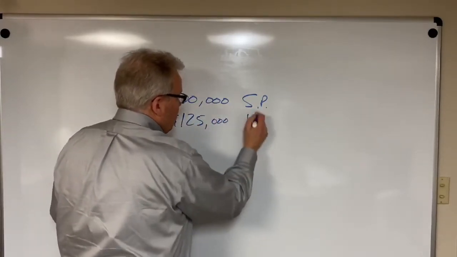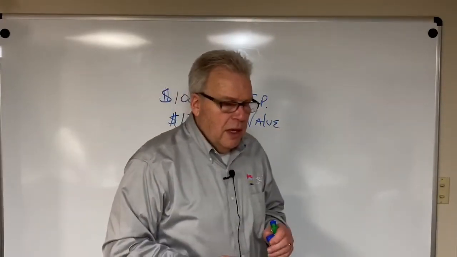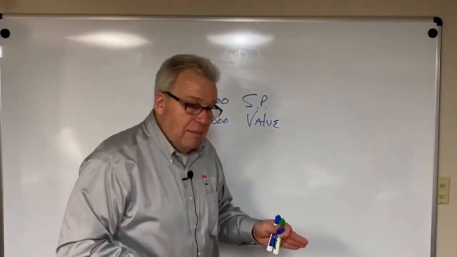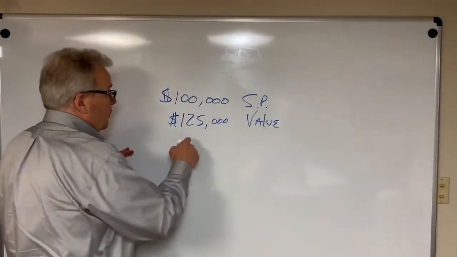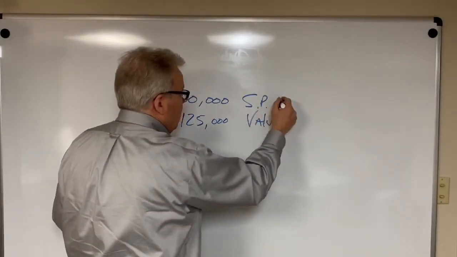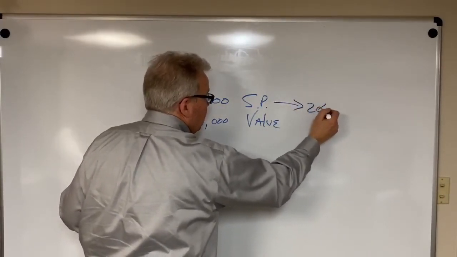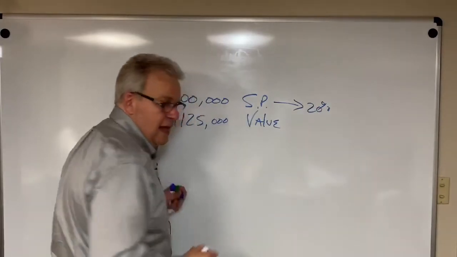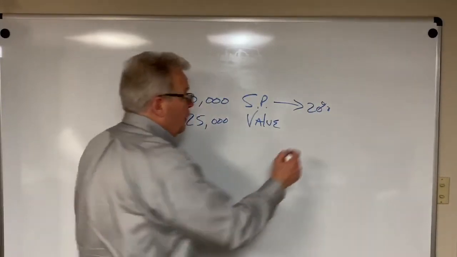So the value is now $125,000. Tom paid 20% down. So this is what he purchased the home for, and he put 20% down, and he's paid an additional $10,000 off the principal.